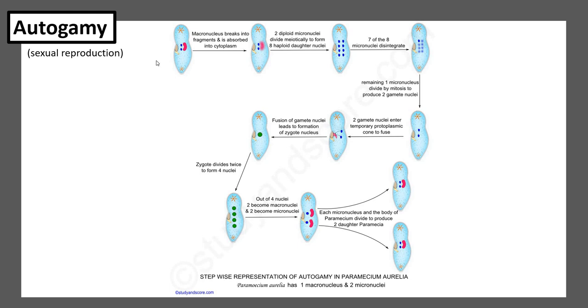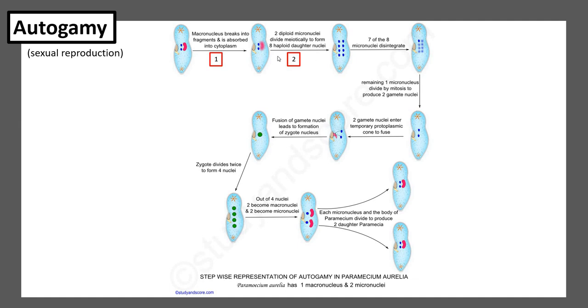Okay, so starting up at the top, the macronucleus breaks apart and kind of disappears. The micronuclei, which there are 2 of in this case, actually will divide by meiosis, and they're going to end up making the 8.